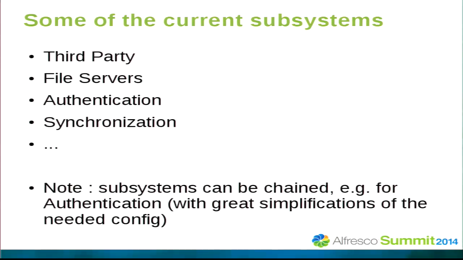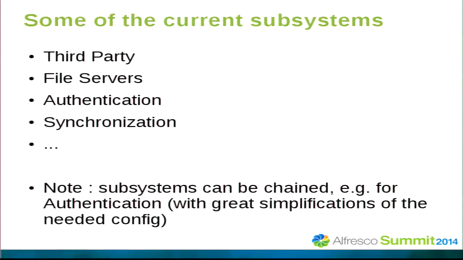File servers is the subsystem that is now packaging all of the config about exposing the repository as an FTP server, as a CIFS server, etc. Authentication, I mentioned it. Synchronization is the one that is actually connecting to the LDAP, grabbing all the users and getting them into the repository for the name, the first name, the email, everything, and it's synchronizing periodically.